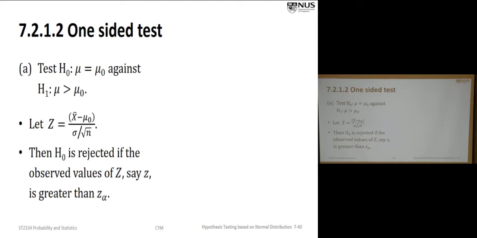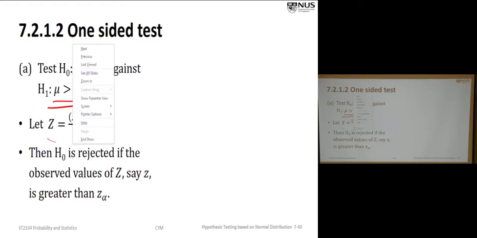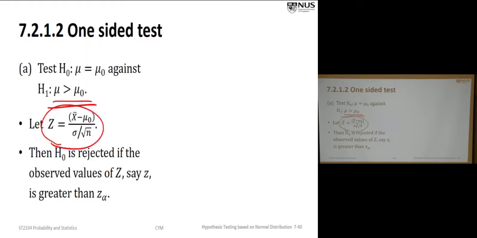How about the one-side alternative? The procedure is almost the same. The test statistic is the same as before. Only the decision rule you have to modify a bit. The decision rule is whenever Z observed is bigger than Z alpha.